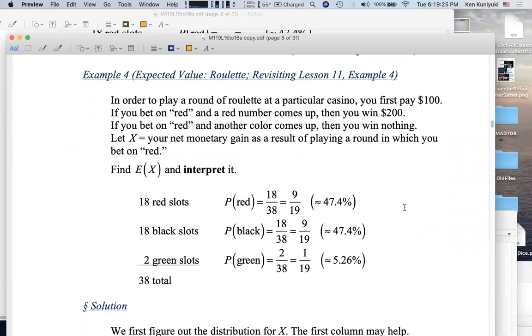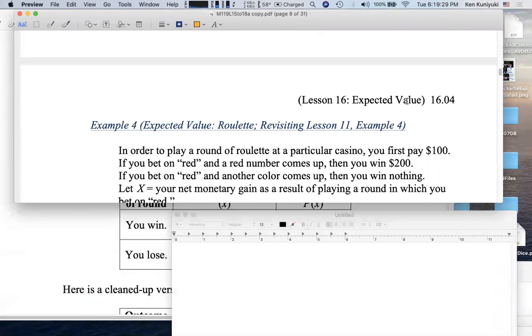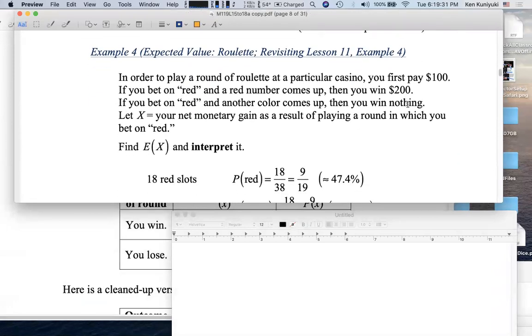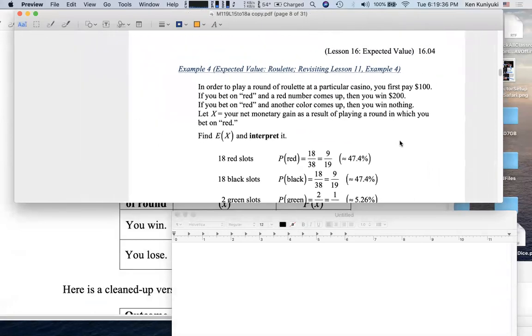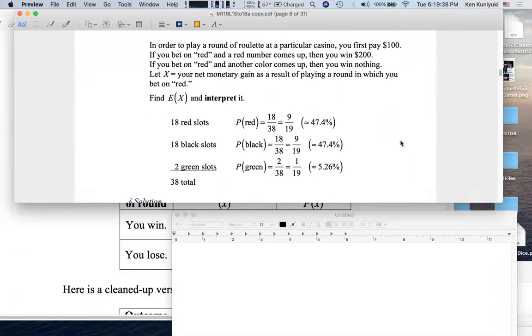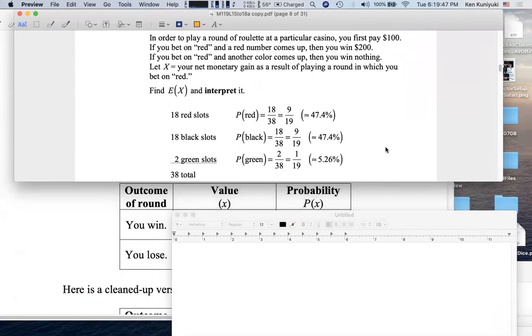I'll put the reminders up here. And I'll give you a minute to figure it out. Fill out the table.